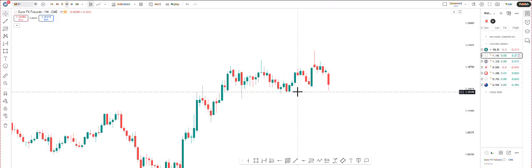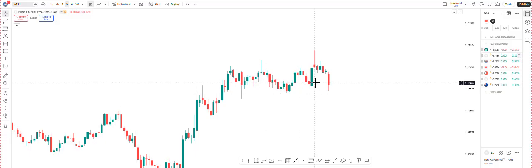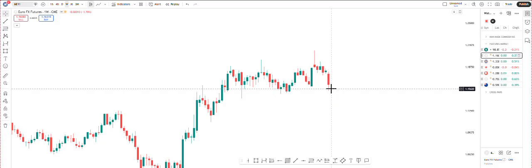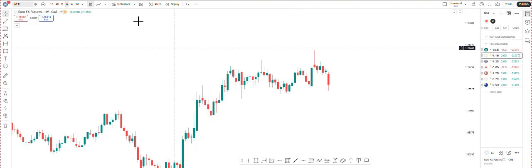Now, I told you that markets move from zone to zone, and currently, if we are getting a rejection off of this probably demand zone here, when we scale down to the daily time frame, you find out that we have, I think, a demand zone about here, around here, and some around here.